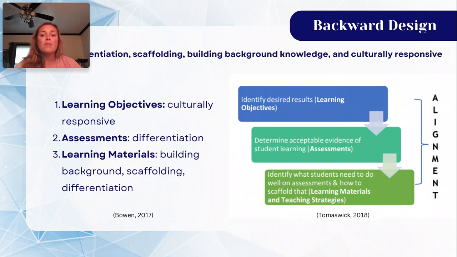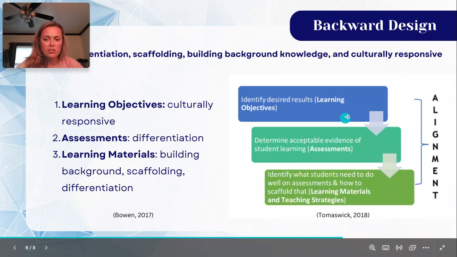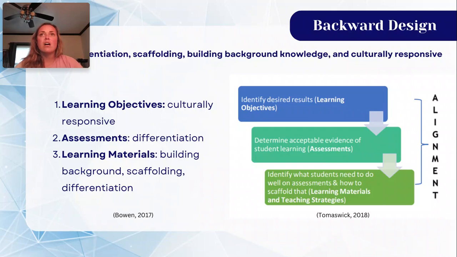The second one is the backward design. And this one doesn't have 9 steps. There's only 3. But again, this was created to look at the instruction and design backwards. So the first thing over here that you'll see is that you create learning objectives, and you're trying to figure out what is the ultimate goal of our instruction.